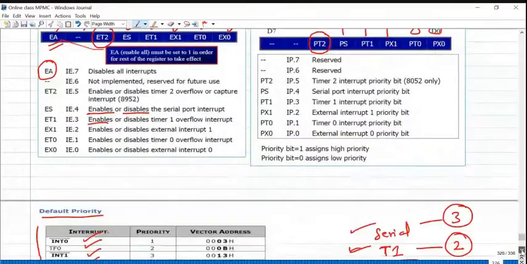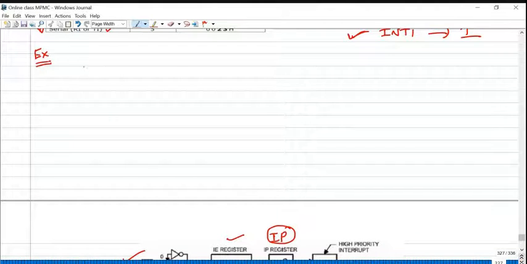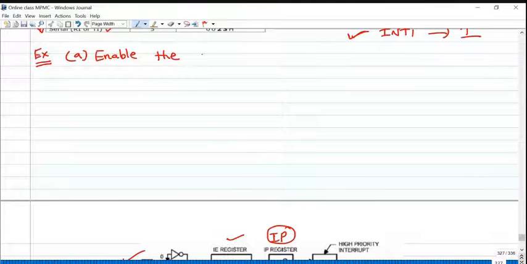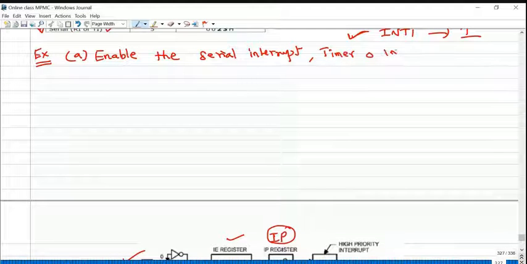Some small programs to understand the interrupt enable and interrupt priority registers. Example: enable the serial interrupt, timer 0 interrupt, and external hardware interrupt. Write the program. Okay, this is the first question: write an instruction to enable the serial interrupt, timer 0 interrupt, and external hardware interrupt.